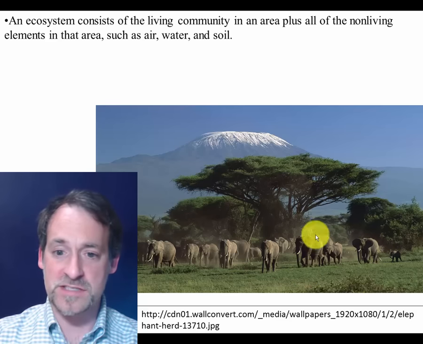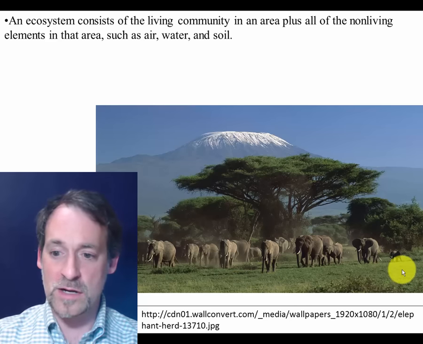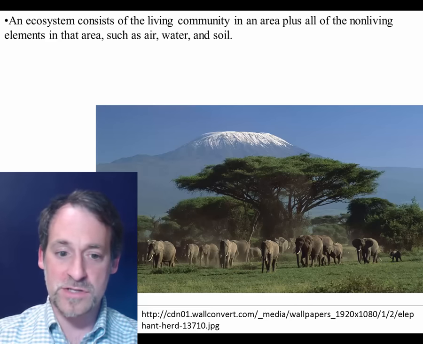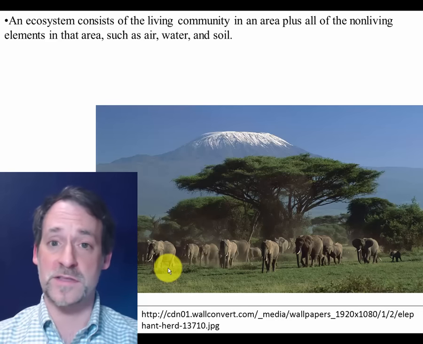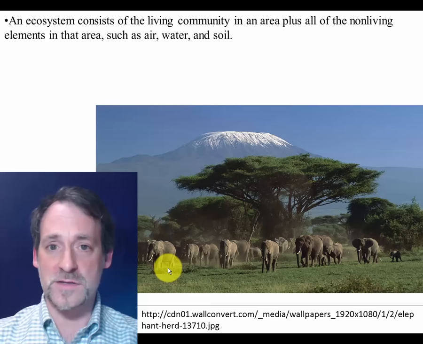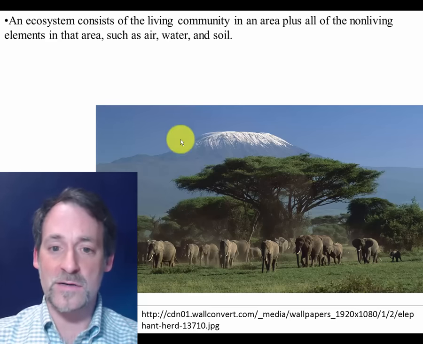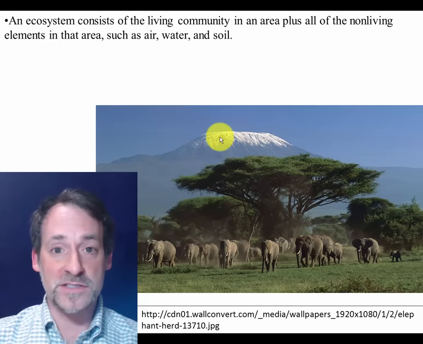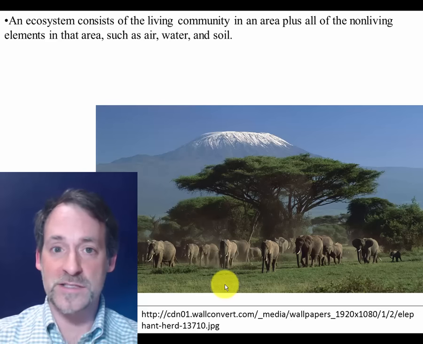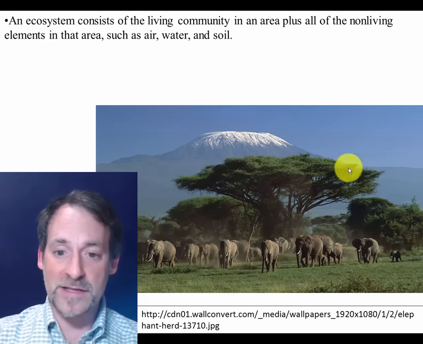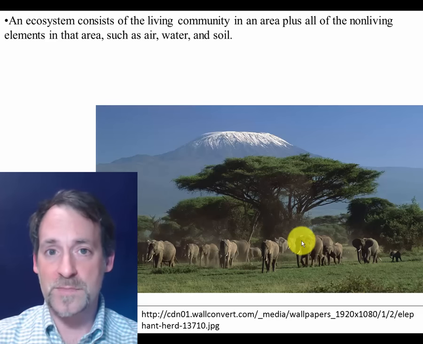This community might consist of, say, these acacia trees, these elephants, the low grass here, the birds that are feeding off the insects that are being scared up by the elephants, and so on, all the living things. The ecosystem also would take into account things like the air, the water that comes from this melting snow, the soil underneath all of the plants. So basically everything that is made of matter that interacts in this whole area.